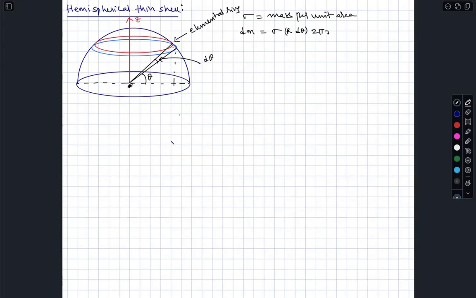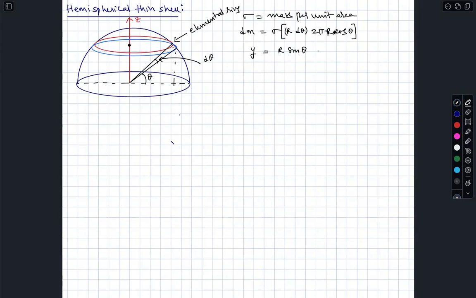This radius is r cos theta. 2 pi r cos theta. Arey bhaiya, this is all area. That is it here. And the location of the center of mass of the ring is at the center of this ring only. So y is r sine theta.